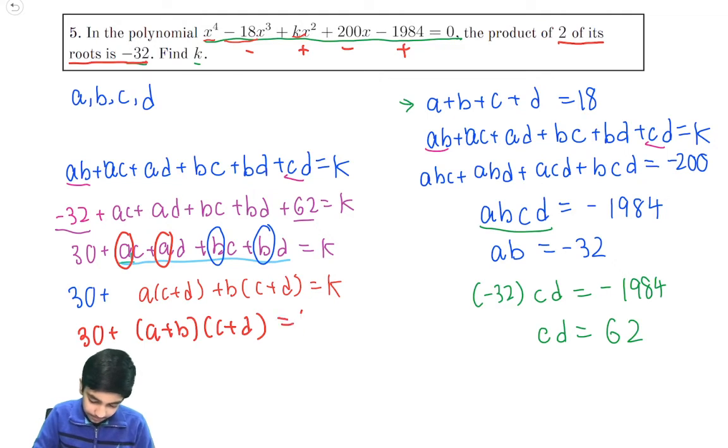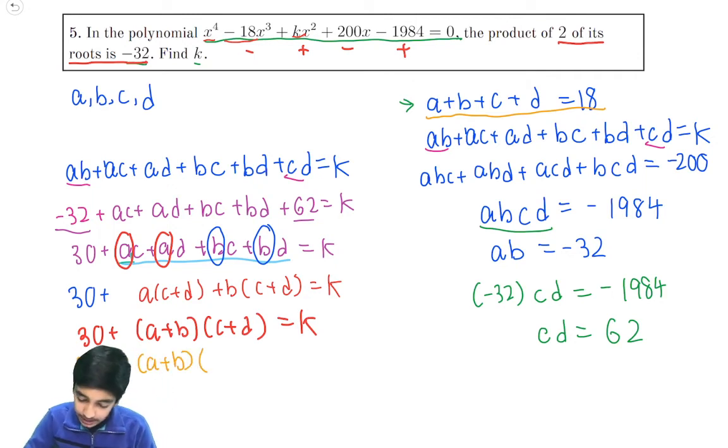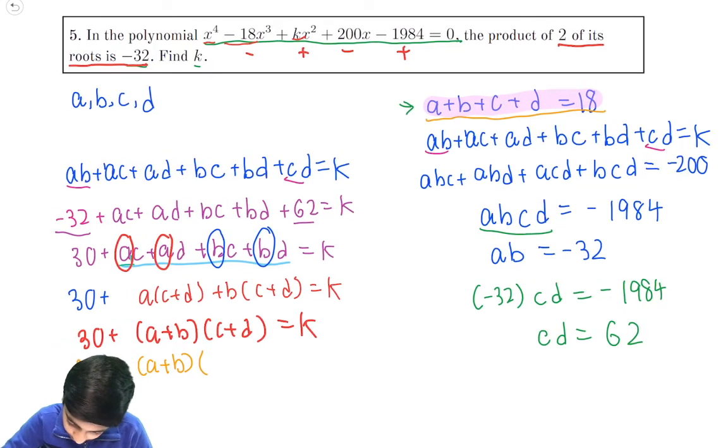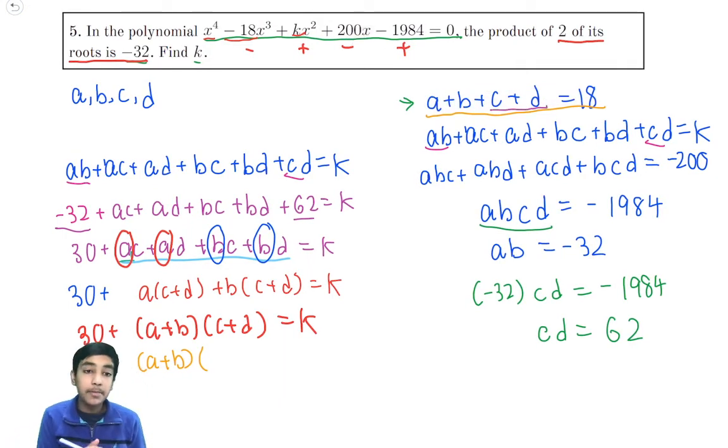Okay, so now we know that A plus B plus C plus D is 18, so we can substitute it back in. This will be 30 plus (A plus B) times, and since we know this expression is true, we also know that C plus D will be equal to 18 minus (A plus B), because A plus B plus C plus D is 18.